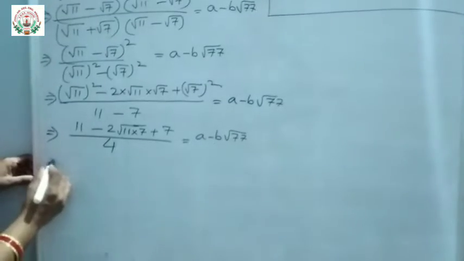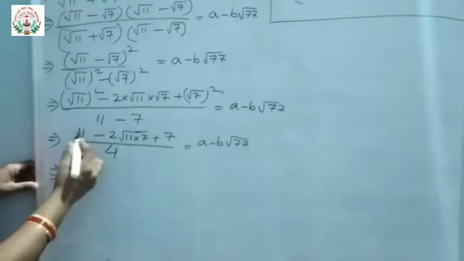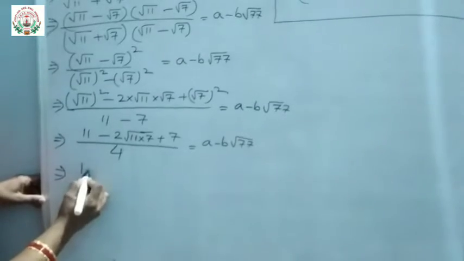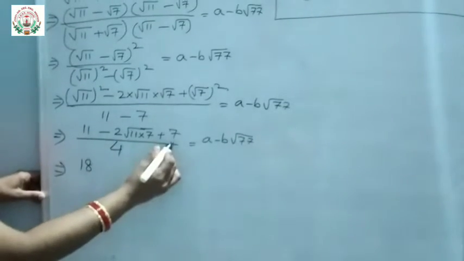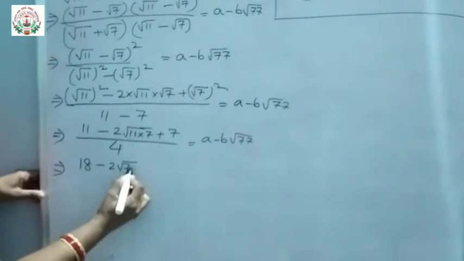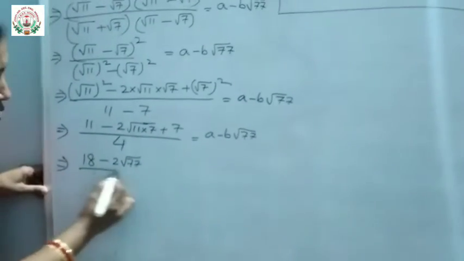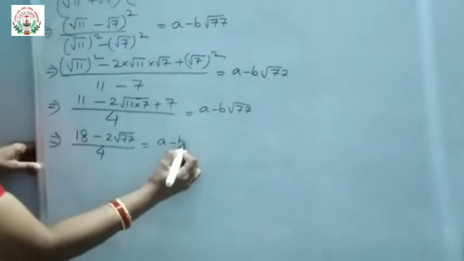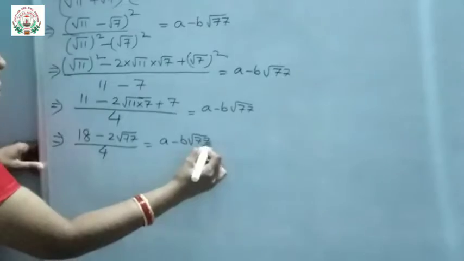Now 11 plus 7 will be how much? 18. Okay, 11 plus 7 will be 18. So 18 minus 2 root 77 upon 4 equals a minus b root 77.